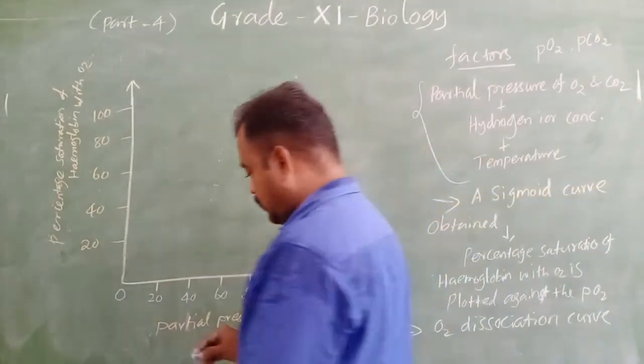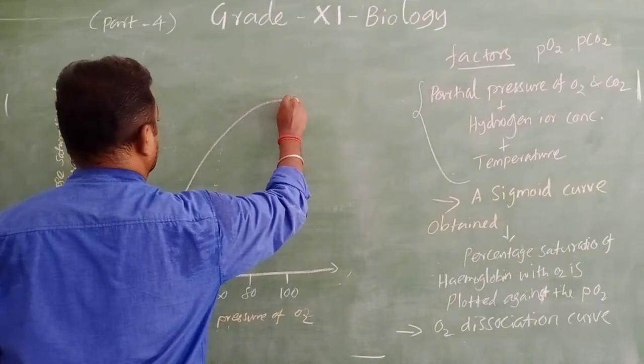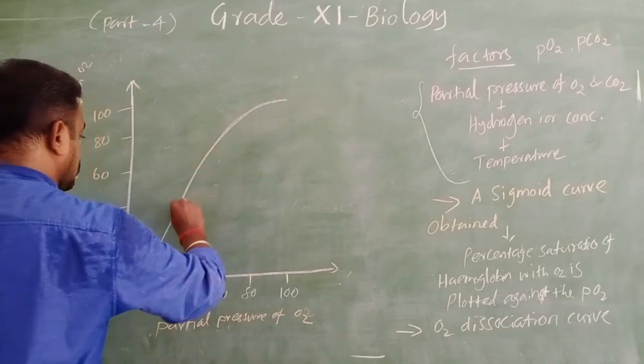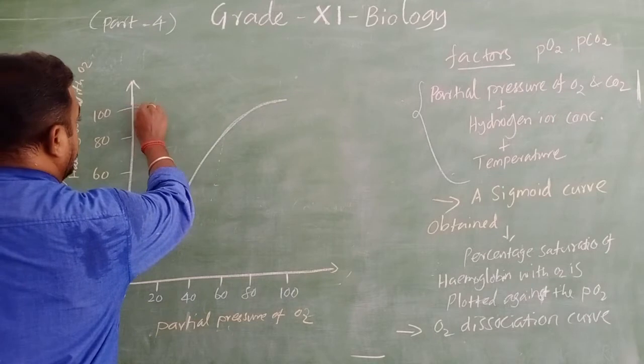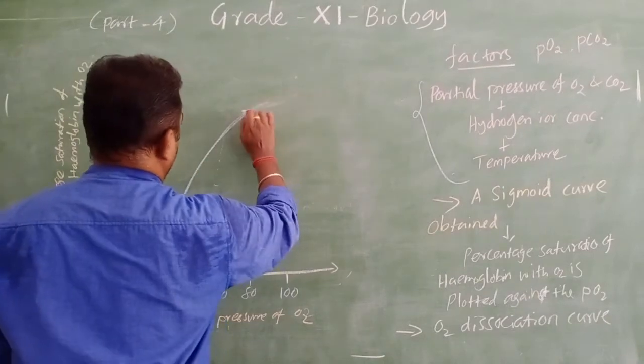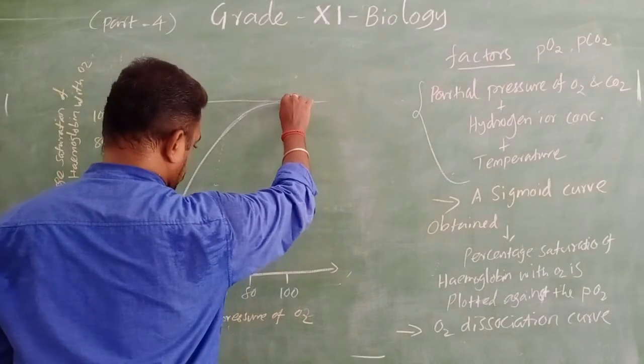You see here the sigmoid curve is represented. Why?